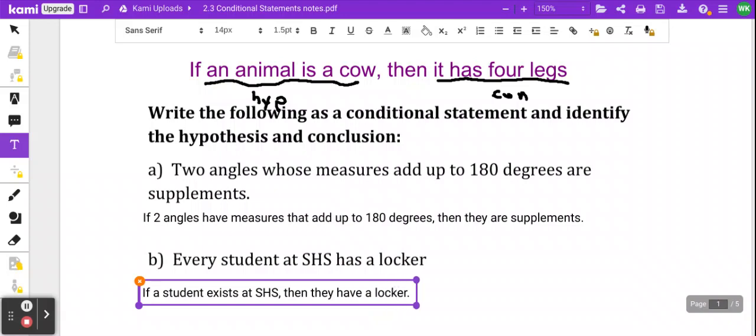Just so you know, this statement, you can rewrite it in a different way. It doesn't have to be written exactly the way I did it, but I'm just trying to explain how to write this using an if and then statement.